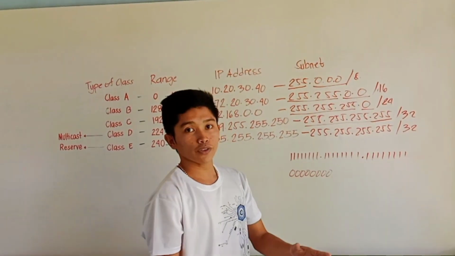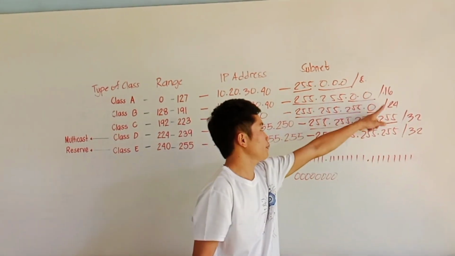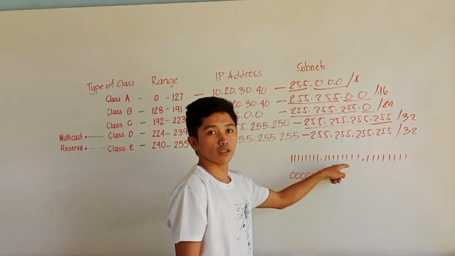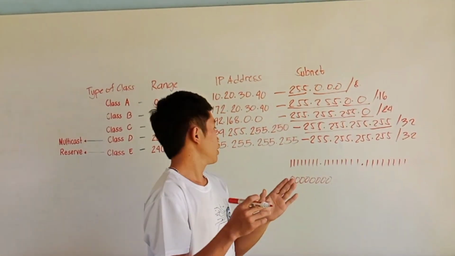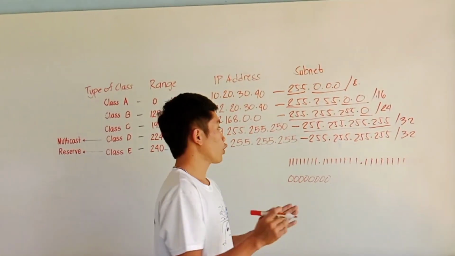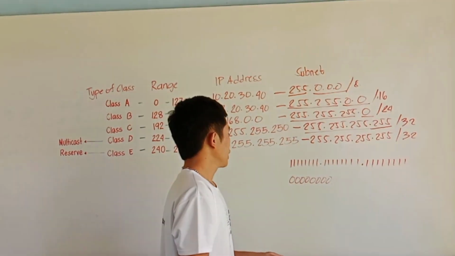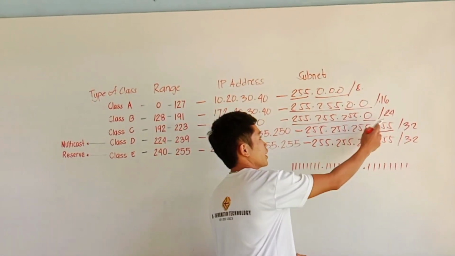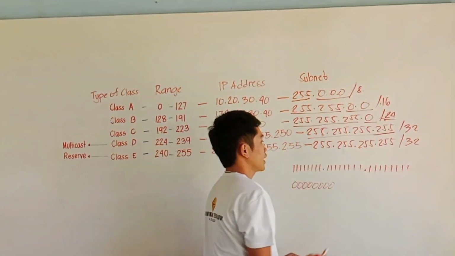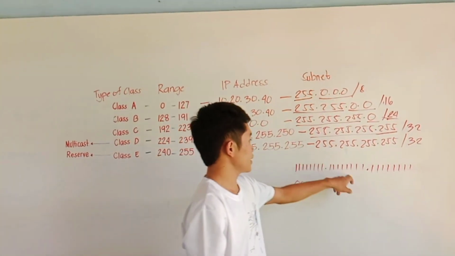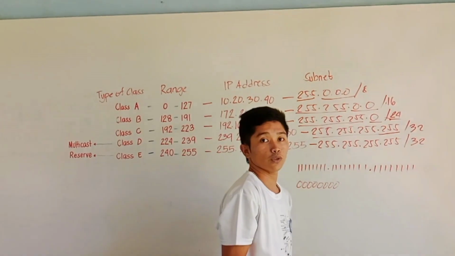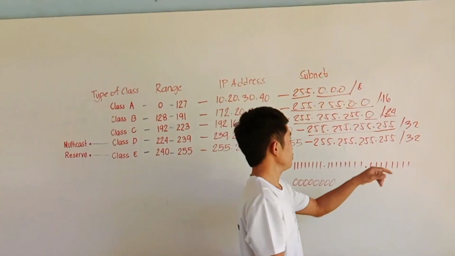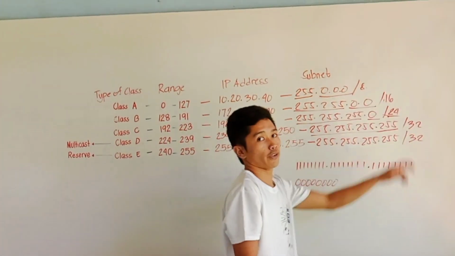You will count the bits using this number 1. All bits that start with 1 will be counted so that we can determine these bits. So 8 plus 8 equals 16 plus 8 is equal to 24. That's why we can input 24 here.